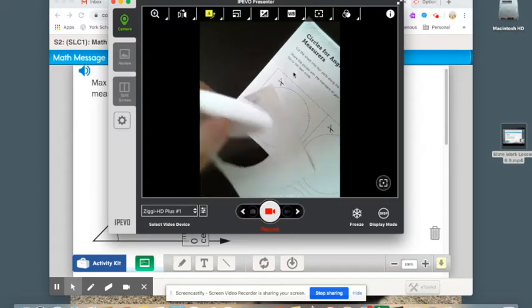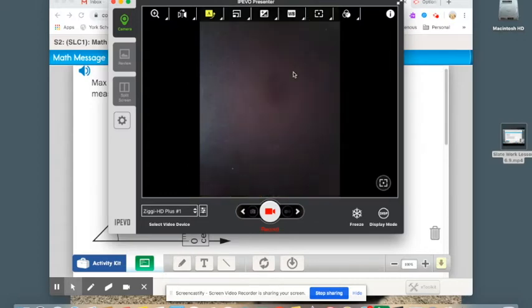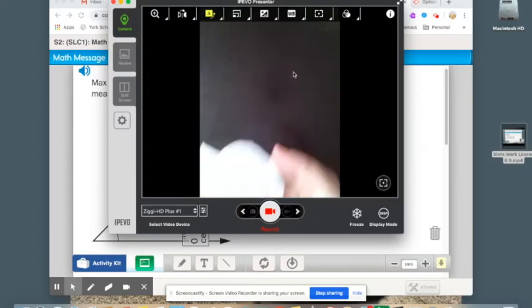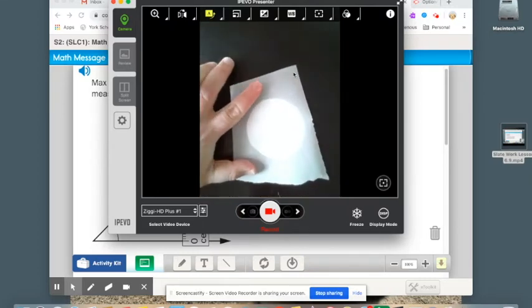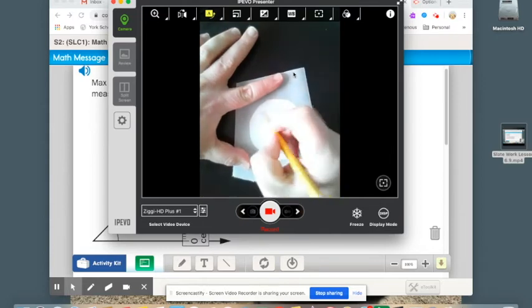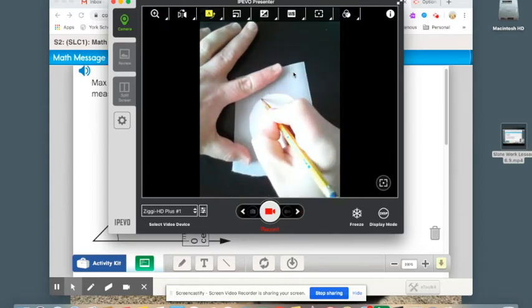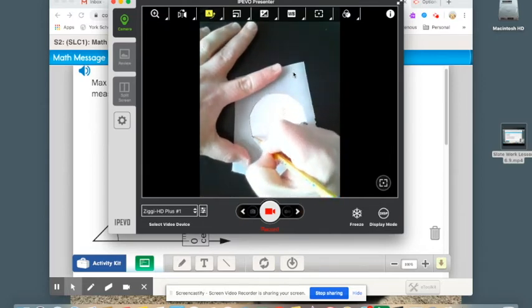Once you have it cut out, I'm going to grab my parchment paper and trace that on there, so that we have the right size.